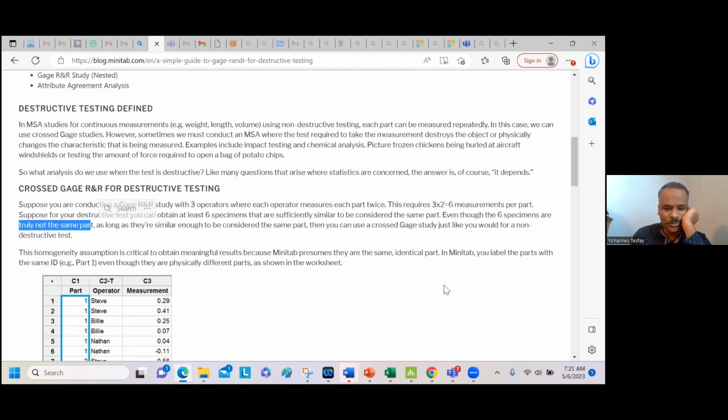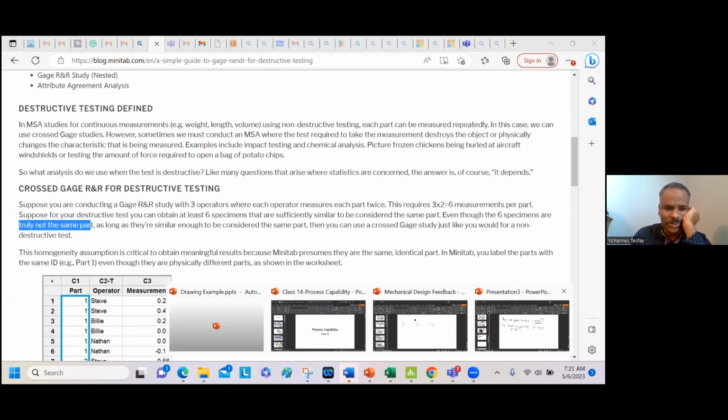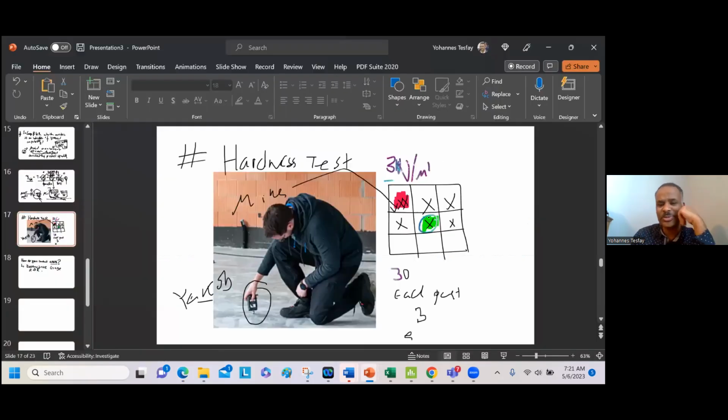Now, the first thing is that as much as possible, the samples here and here and here should be homogeneous, as much as possible, through your experiment.